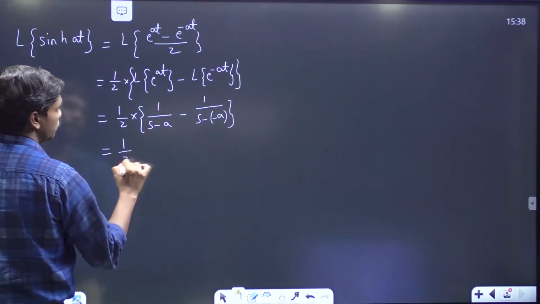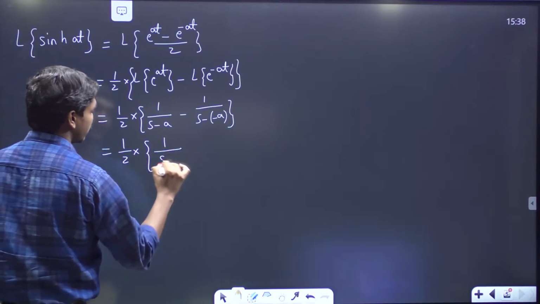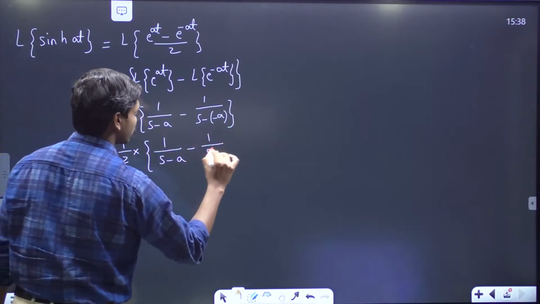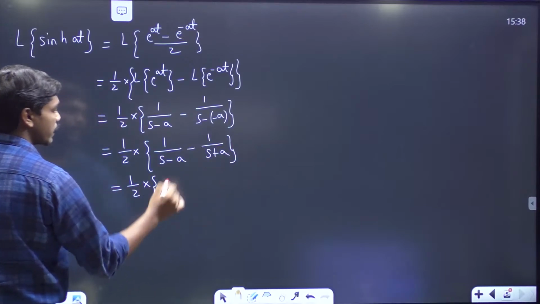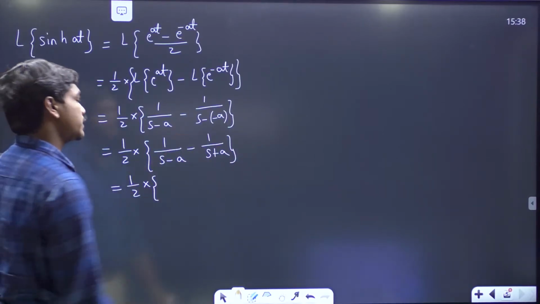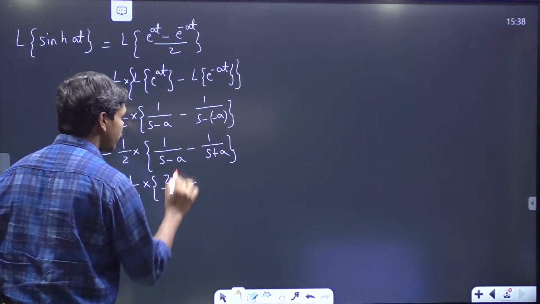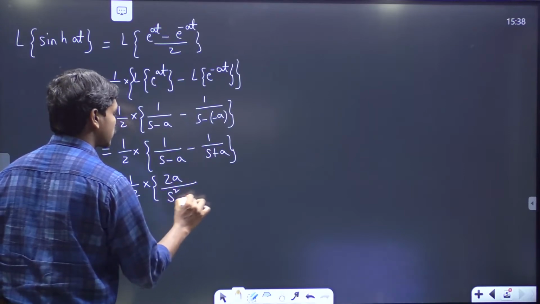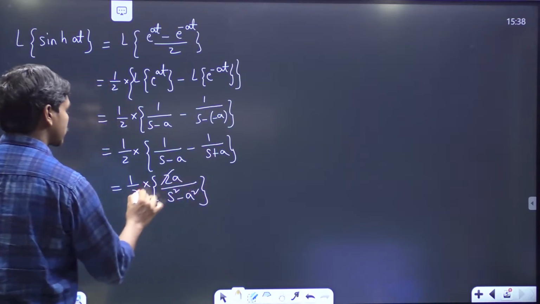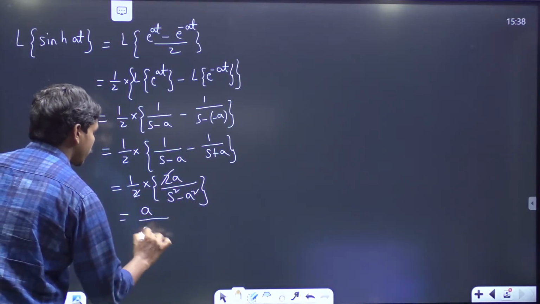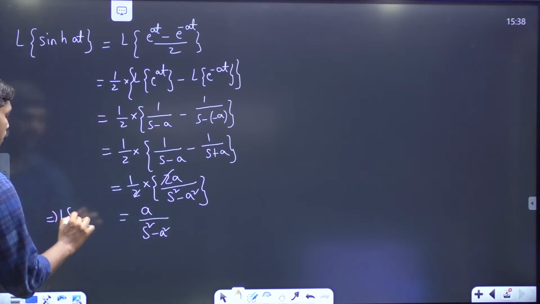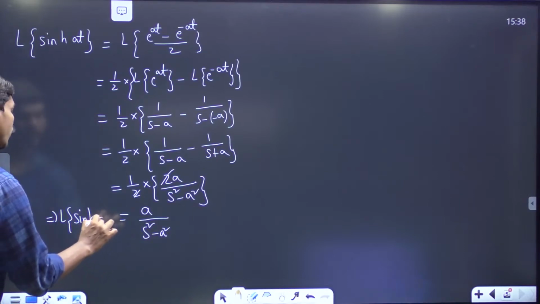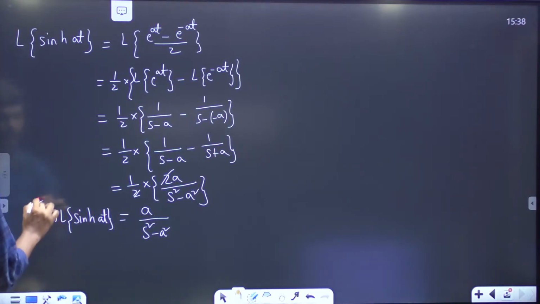So 1 by 2 into 1 by s minus a minus 1 by s plus a. If you take LCM, s plus a minus s minus a, so this is 2a, divided by s minus a into s plus a, which is s square minus a square. So 2 gets cancelled. We have a by s square minus a square as the Laplace transform of sinh at.